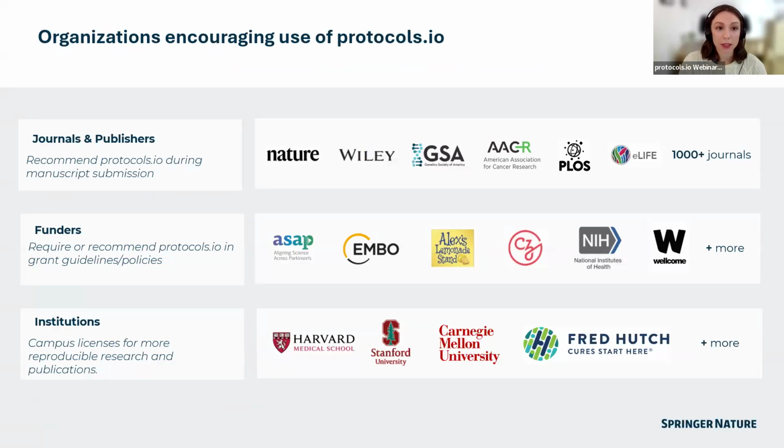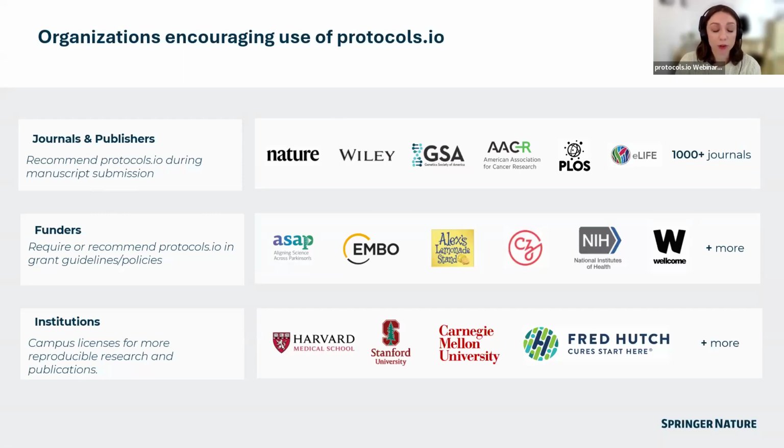And then these are some of the organizations that have come on board and have seen that we need to change the way we're approaching research methods and really encourage the use of protocols.io. So even though we are a product of Springer Nature, we are publisher agnostic, and we have lots of different publishers that are recommending that you put your methods onto protocols.io.